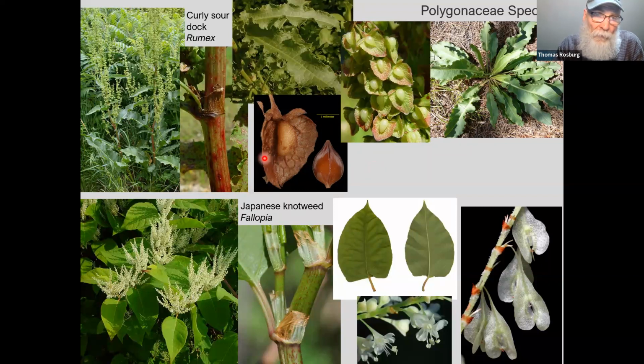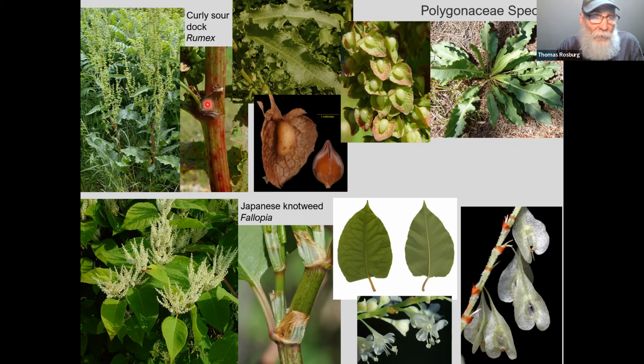O-C-R-E-A, ochrea. In the Rumex up here, the sourdock, the ochrea is seen right here. What the ochrea is basically, is stipules that have joined and fused together to form a short little sheath that surrounds the stem right above where the leaf is attached.